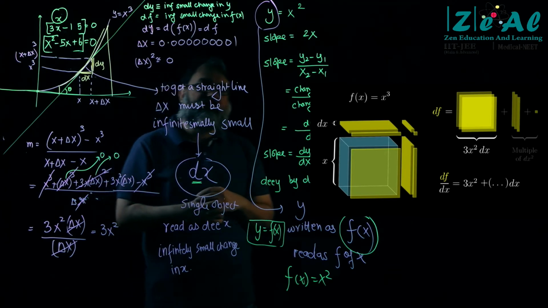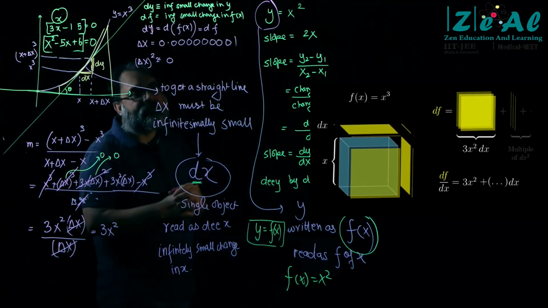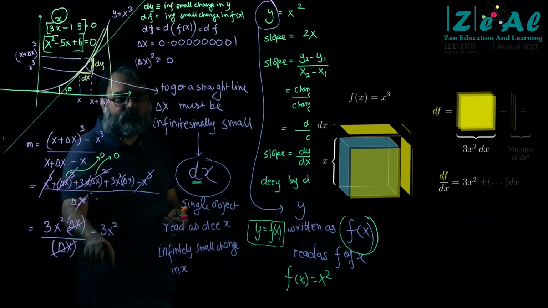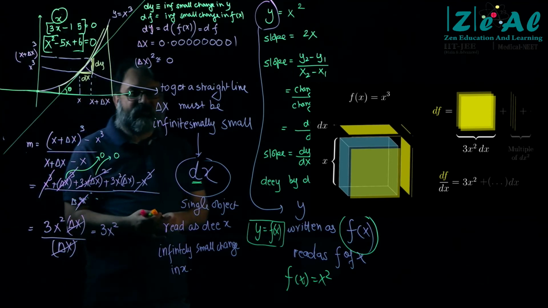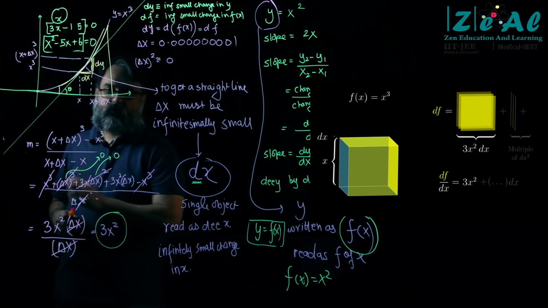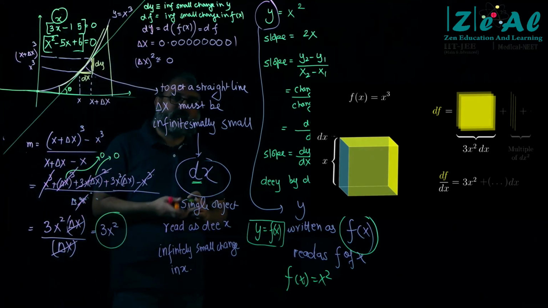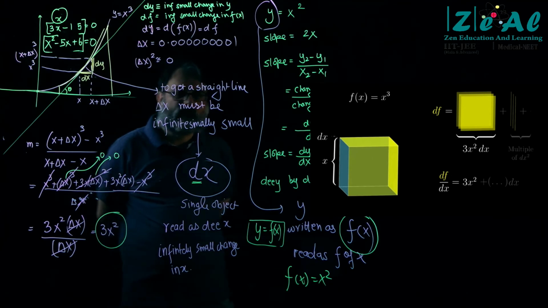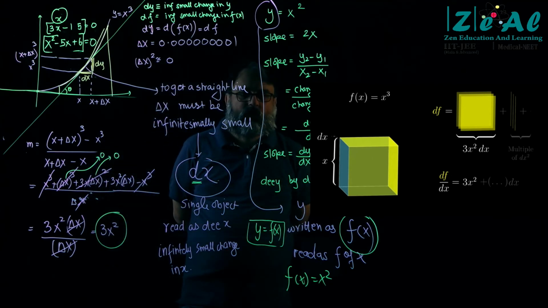And we get df by dx as 3x square, which is exactly what you have found here. Okay, right? एक बार फिर से.